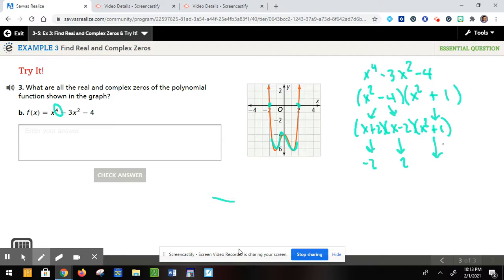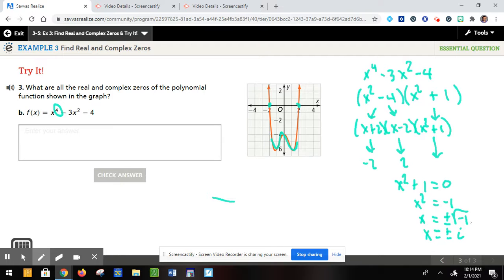Now, you don't necessarily need to do the quadratic formula with this. You could, but since it has no linear term, you can set it equal to 0 and solve by taking square roots, meaning subtract 1, and then take the square root of both sides, and you get x is equal to plus or minus the square root of -1, which is i. So x is equal to plus or minus i.